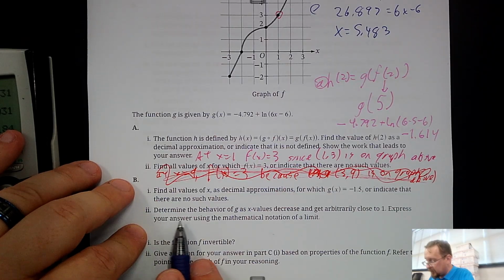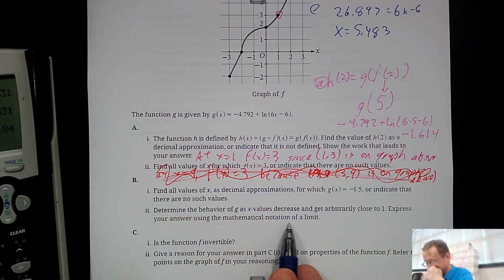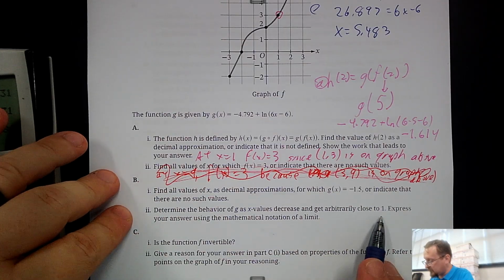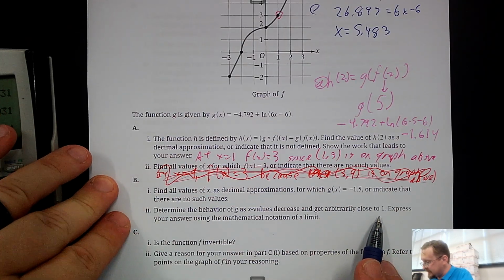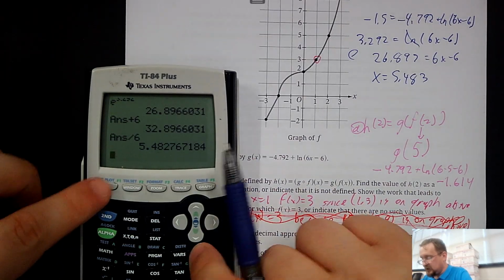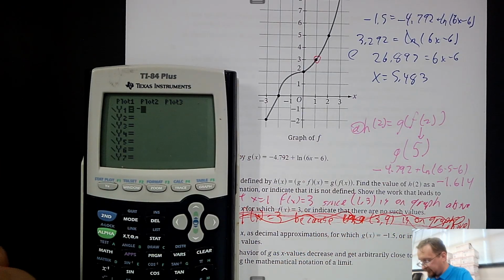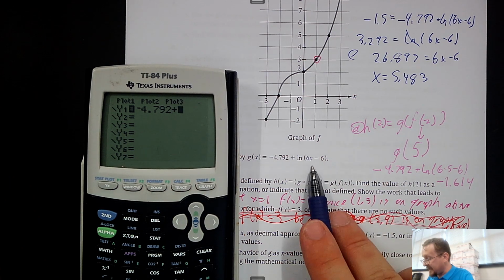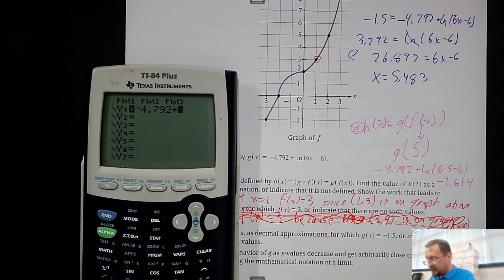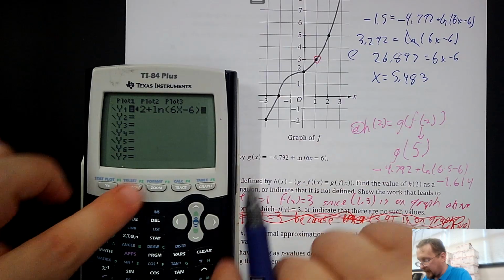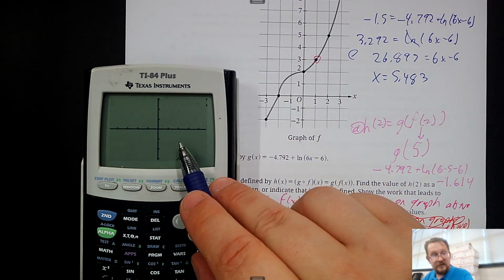Okay, determine the behavior of g as x values increase and get arbitrarily close to 1. Okay, well, I mean, you gave me a calculator. I might as well just use it. Okay, so I'm going to do negative 4.792 plus natural log. What's going to happen is as x approaches 1, the inside of the natural log is going to approach 0, and a natural log has an asymptote at 0, right? Okay, so let's do a zoom here.